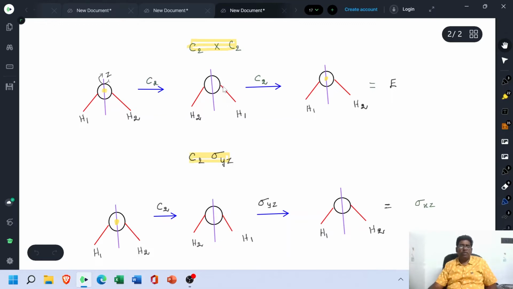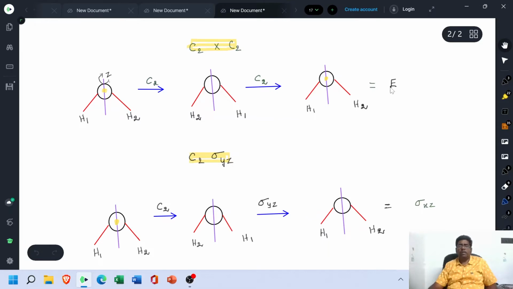Then once again allow this molecule to undergo the C2 operation, that is, a further 180-degree rotation. If you perform a further 180-degree rotation, once again these two hydrogen atoms interchange their position, so you get this structure, H1 and H2. Then the phase of the oxygen is also changed. Finally, we have the front face of the oxygen.